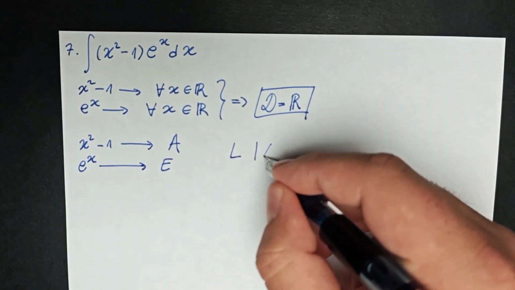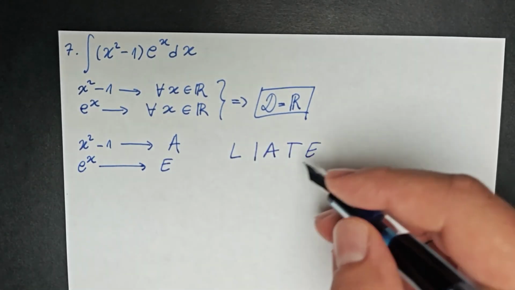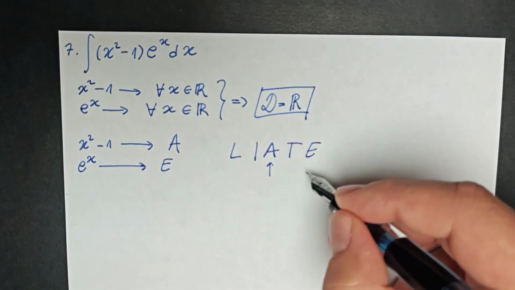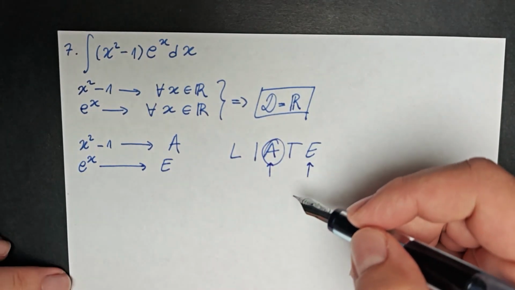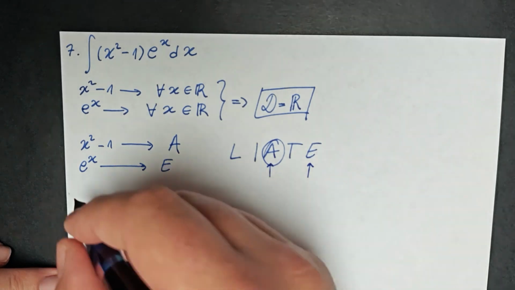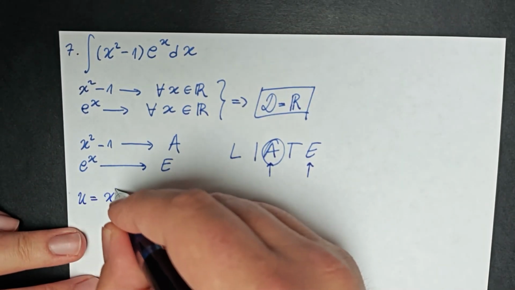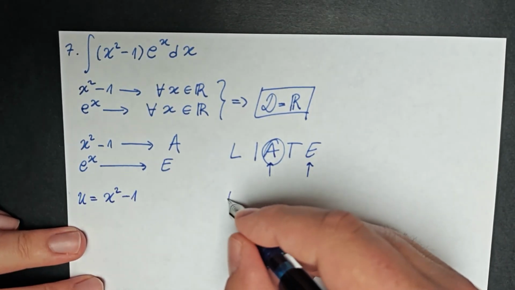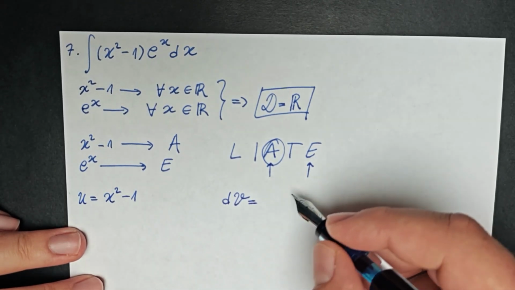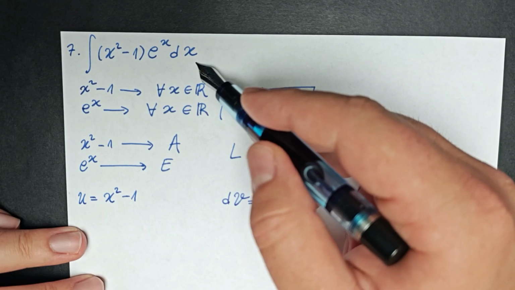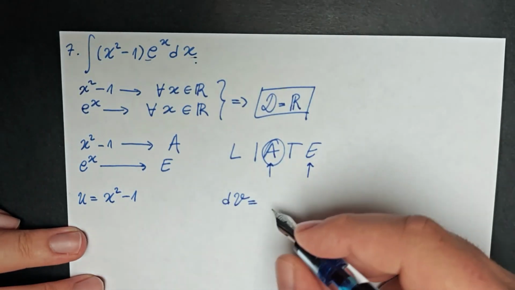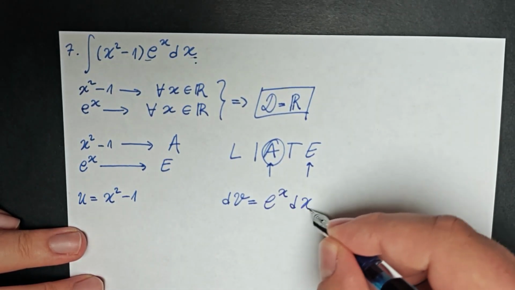In our acronym LAETE, as you recall, A comes before E, so algebraic is what we are going to pick to be our u. So u is going to be x squared minus 1, and dv is going to be everything else that remains under the sign of an integral. E to the power x dx it is.